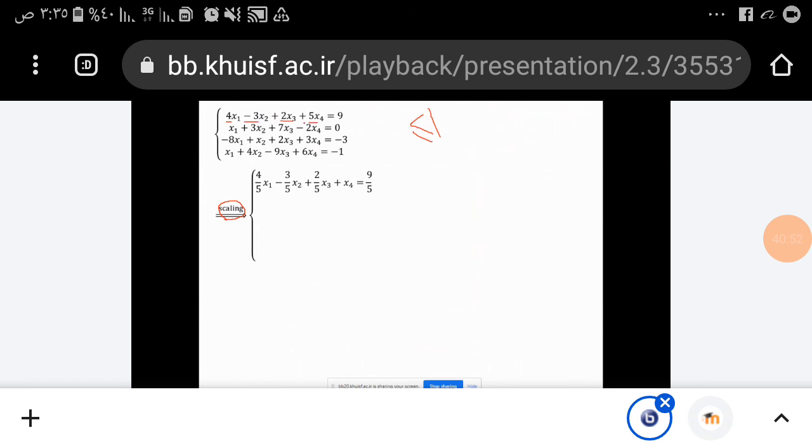The maximum between these entries is 5. So I divided the first row by 5. I divided the second row by 7, the maximum of entries in the second row. The maximum entry in the third row is minus 8, and the maximum in the fourth row is minus 9. Got it? Is there any problem?